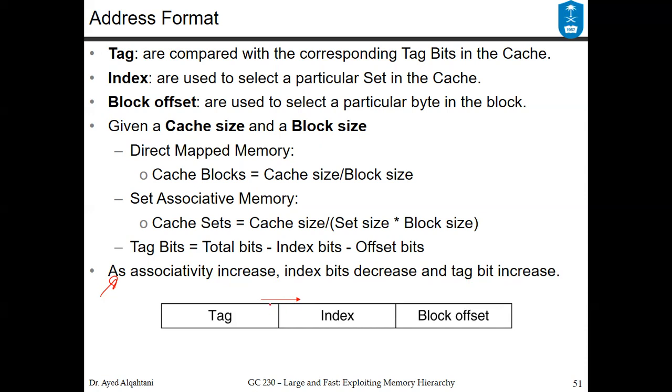You will gain bits in the tag and you will lose bits from the index. So if you are moving from two-way to four-way set associative, you will have 1 bit movement this way. You will increase the tag by 1 bit, and you will take out a bit from the index.